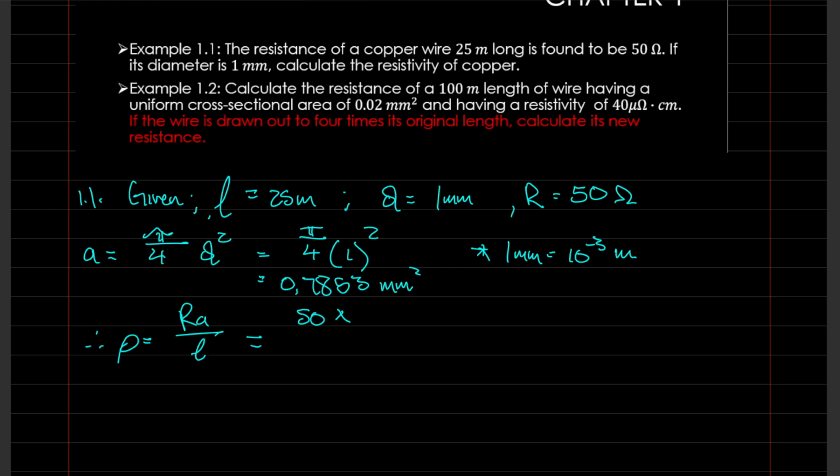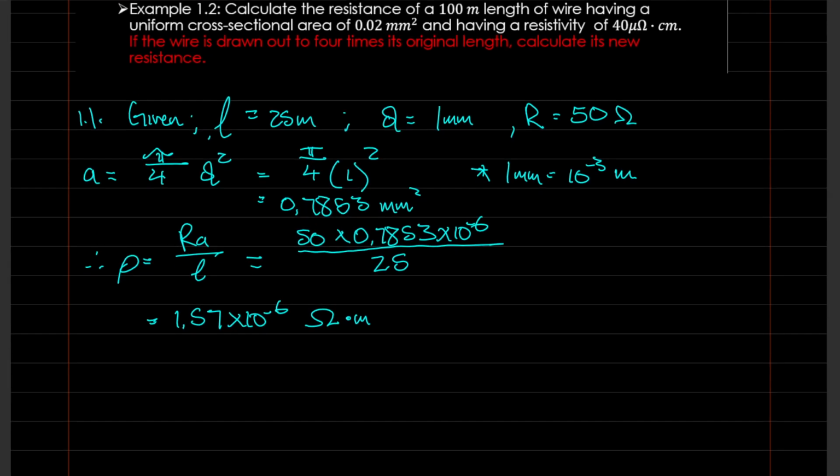So if we want to convert this back into meters, we'll multiply by 10 to the power of negative 6, 0.7853 times 10 to the negative 6, all divided by this 25 meters, which is going to give us 1.57 times 10 to the negative 6 ohm meters. Okay, that one was pretty straightforward, I must say.